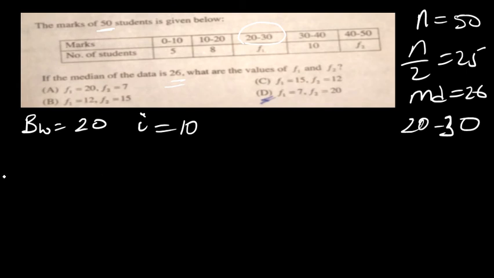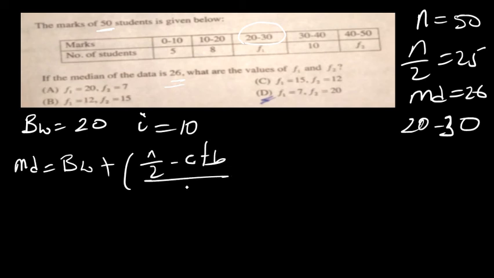We know these things. Therefore, what is the median formula? Median is equal to the lower boundary of the class plus n/2 minus the cumulative frequency of the class before, over the frequency of the class, times the class interval. This time, the cumulative frequency of the before class, adding the 2, will be 13.